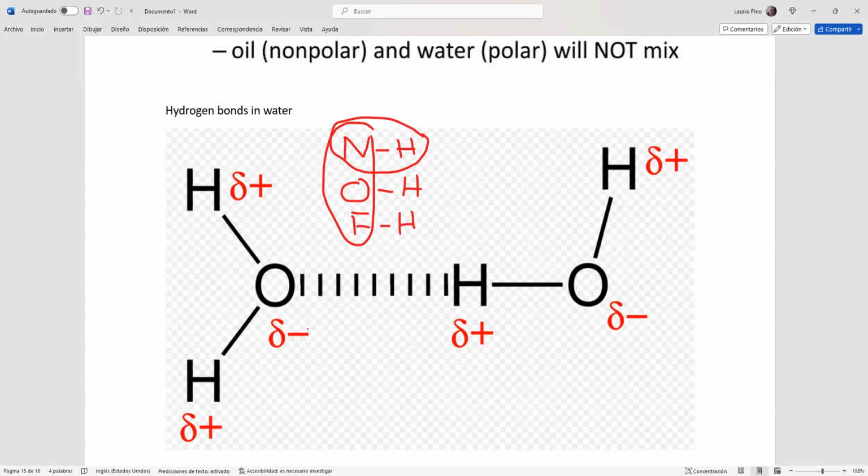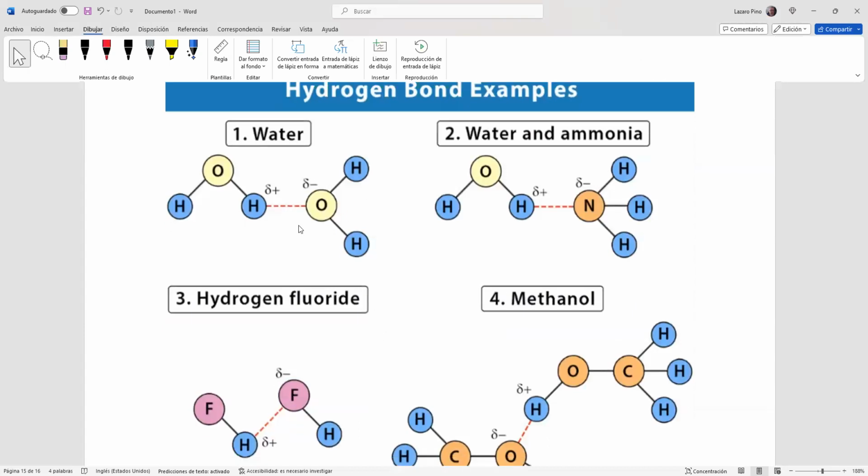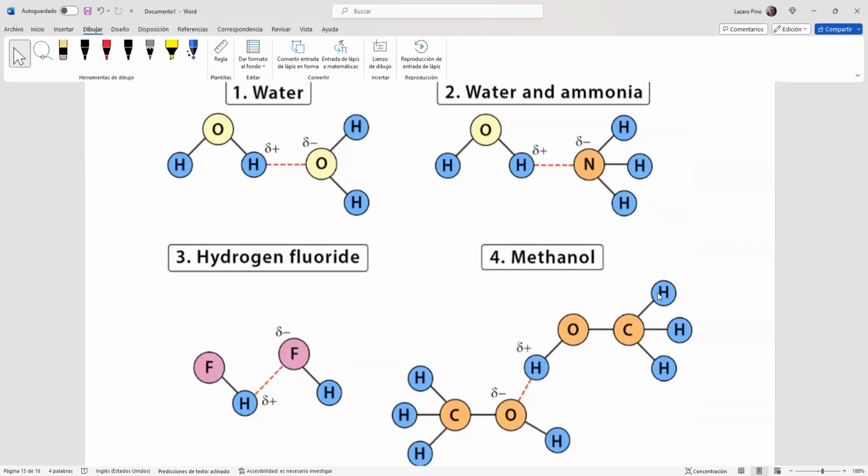So the presence of hydrogen bonds is also important to express when a substance can be dissolved in water or not. For example, in the case of the alcohols, alcohols have an OH group. This is polar and can make hydrogen bonds with water.